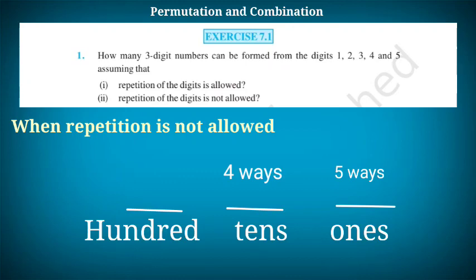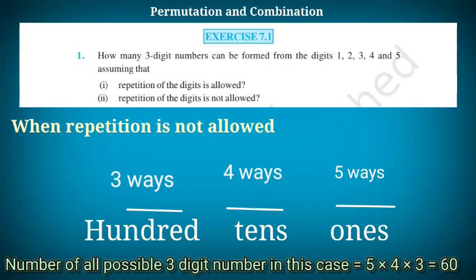So 4 options will be available for the tens place digit, and for the hundreds place digit there will be 3 options available, because already 2 numbers will be occupied by the units place and tens place. So the total number of 3-digit numbers that can be formed in that way is 5 into 4 into 3, that is 60.